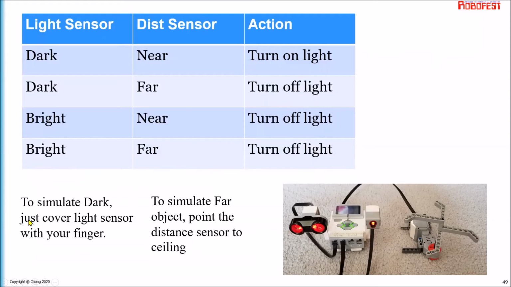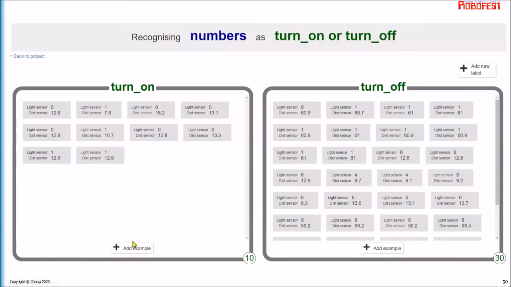But to simulate the dark condition, what I did was just cover the light sensor with my finger. To simulate far, I just pointed the distance sensor to the ceiling. Okay, that's what I did. In this case, slightly complex. For the turn on class, turn on label, you need two numbers for each example.